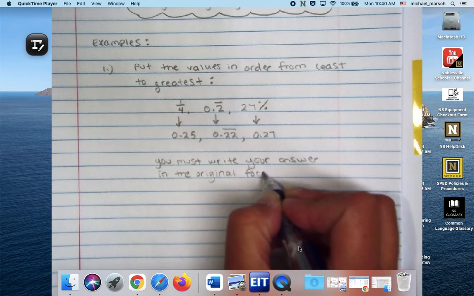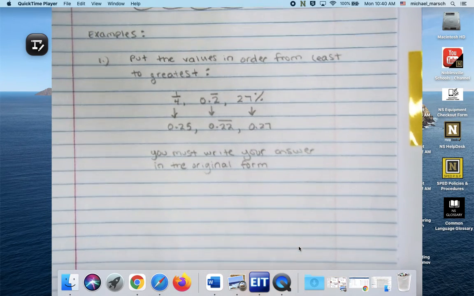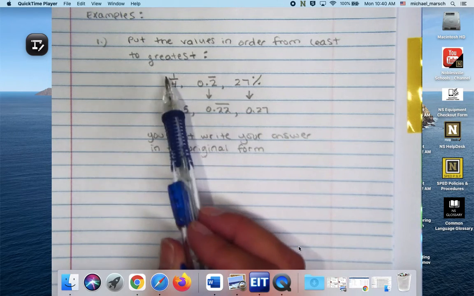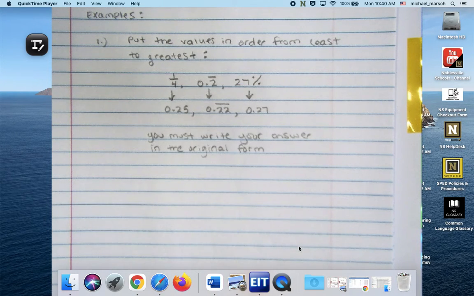So even though we converted them all to decimals, when we list our answer, we need to put them back in their original form. Coming around, checking your jams, making sure we've got everything filled in. Awesome note takers in here.